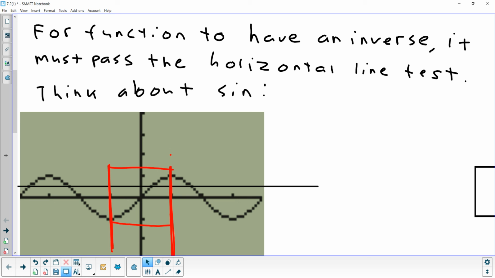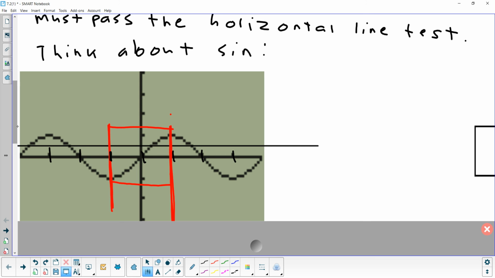Well, each mark that you see here, here, here, and here, those are marking a quarter of a cycle. That's the 0, first quarter, second quarter, third quarter, and then the fourth quarter is when you're finished.